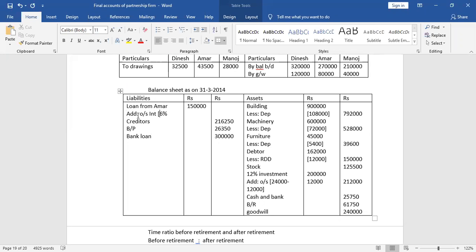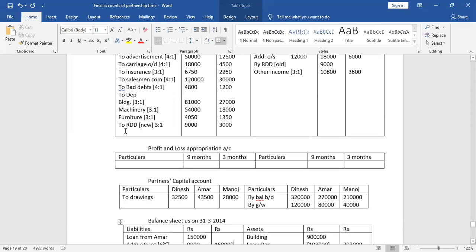Calculate 6% interest on 1,50,000. 1,50,000 पे 6% interest is how much? Is it coming to 9,000? So this will become 1,59,000. So ये 9,000 को भी हमें यहाँ पे दिखाना पड़ेगा.